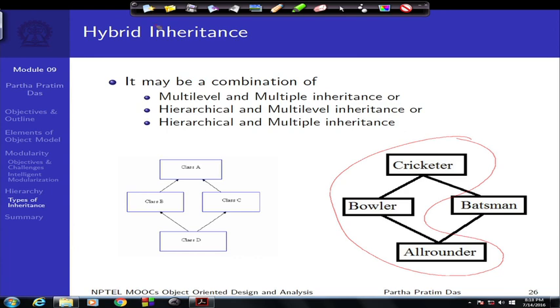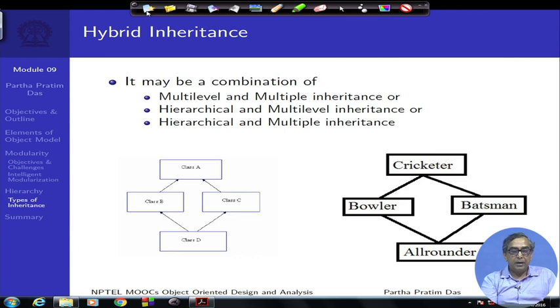So, hybrid could mix up different kinds of inheritance structure, and an object oriented designer needs to understand the hierarchies, and this inheritance structure is one great tool which goes a long way to restrict complexity of systems.